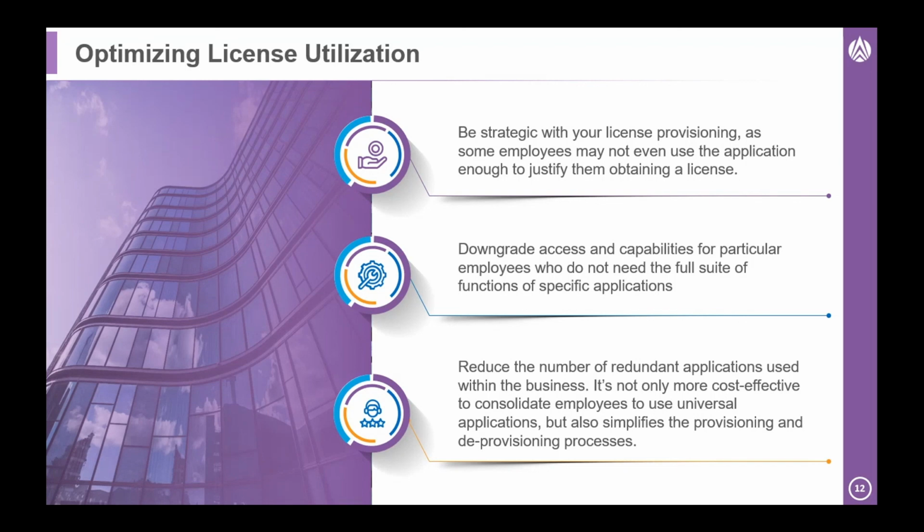It may not map directly to the licensing cost, but it gives you that kind of control over who has access to what on a need basis. So downgrading access is a very important activity which we should be performing as part of platform governance.